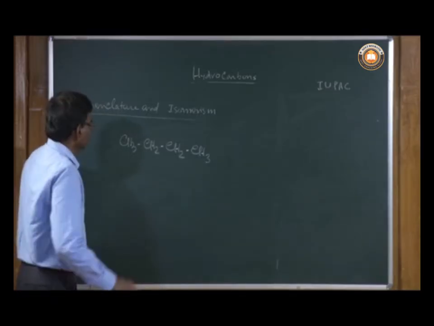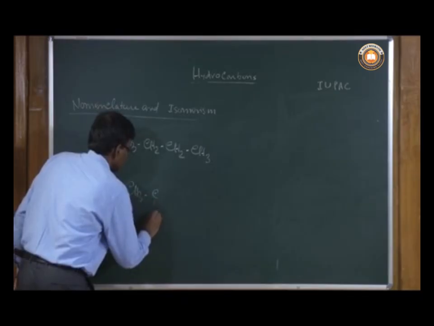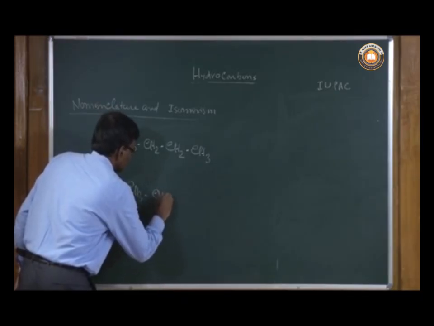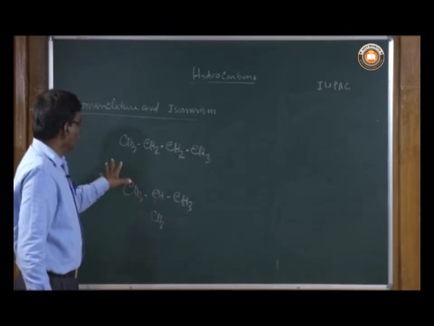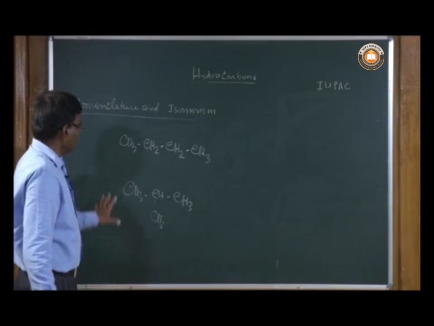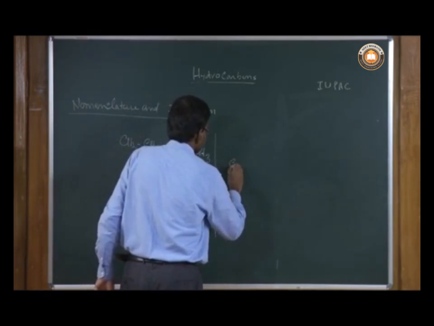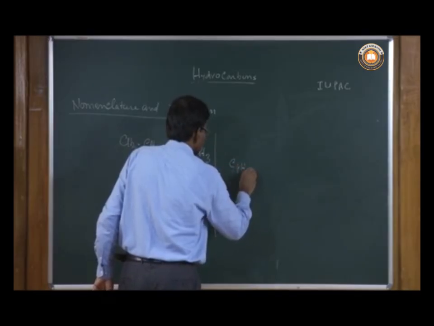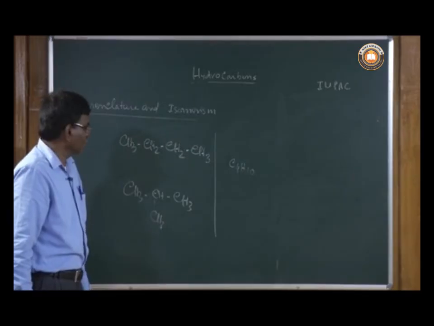Now, let us look at the isomerism. Butane can have two structures: butane and 2-methylpropane. They have the same molecular formula, C4H10, but different structures, right.